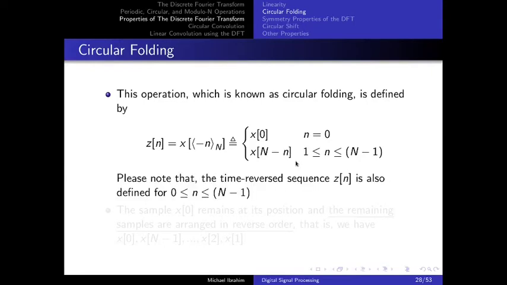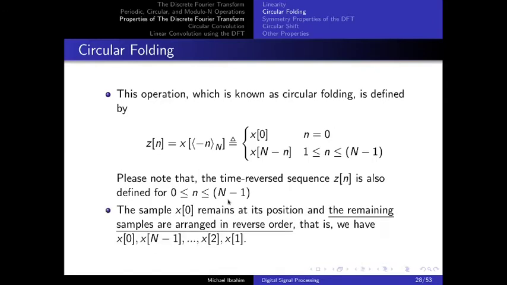Note that the time reversed sequence is also defined for the time range from 0 up to N minus 1. So the sample x of 0 remains as is, and the remaining samples are arranged in reverse order: x of 0, x of N minus 1, x of N minus 2, up to x of 1. And this is equivalent to having x of minus n modulo N.